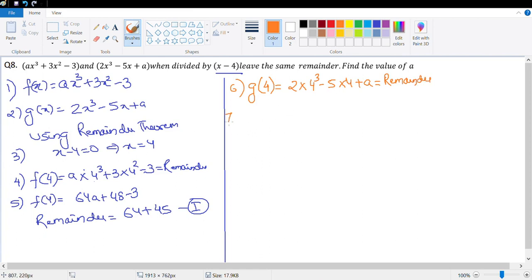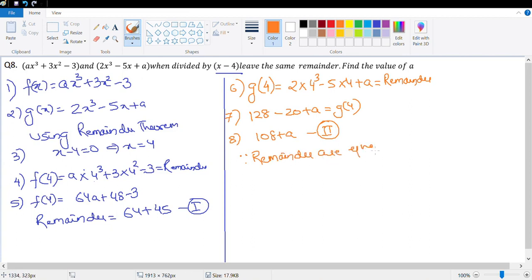So that's 2 into 4 cubed, that's 64 into 2, that's 128, minus 20 plus a. This is the remainder, which is 128 minus 20, that's 108 plus a. That's my second equation.